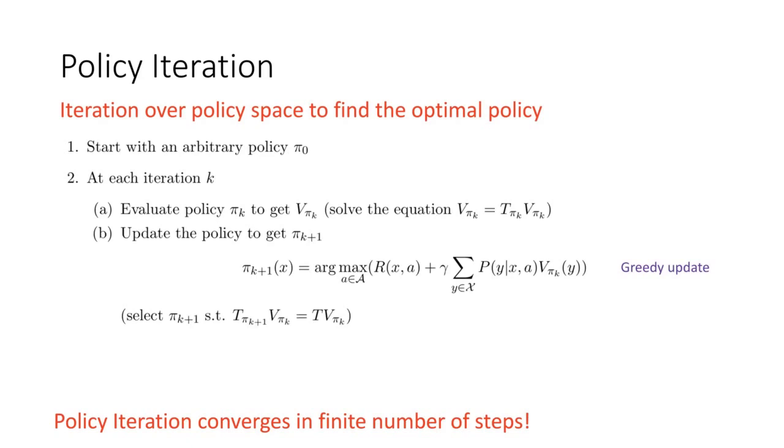But the caveat is that this step is computationally intensive. Evaluating a policy to get the value function, given a policy pi k, is computationally intensive. So even though it converges in a finite number of steps, in terms of actual clock time, it may perform similarly.